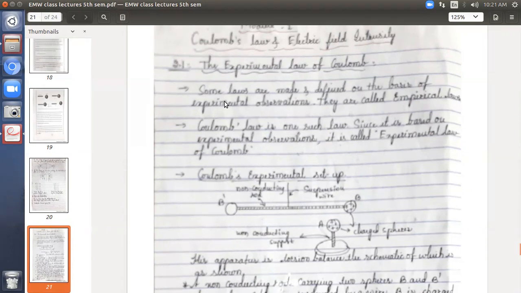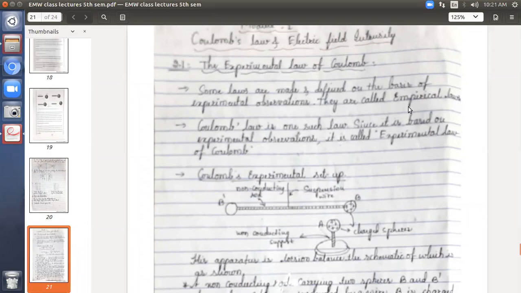Before that, there is one definition you have to look into. Some laws are made and defined only on the basis of certain experimental observations. Just trial and error, they do some experimentation, and based on the results they conclude a general law.